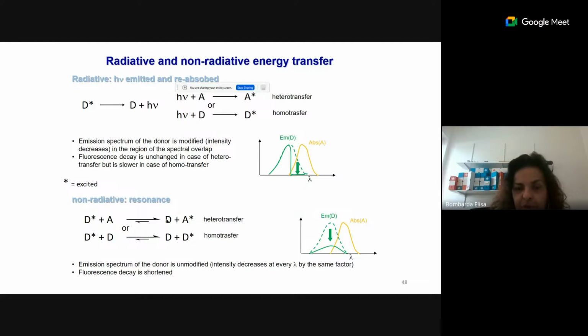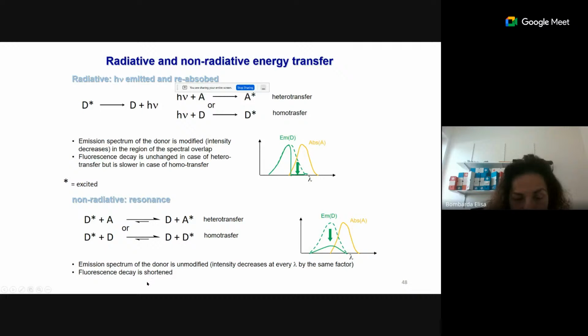So there are fewer photons coming from the donor. But the donor that is able to emit, because it's not transferring its energy to the acceptor, emits in the normal way. So we just see a decrease of fluorescence, but not a modification.